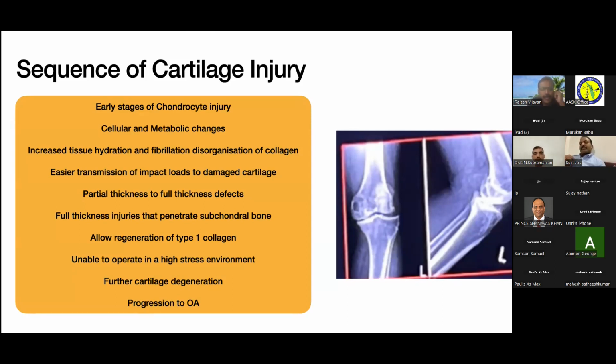Usually hydration starts changing, fibrillation becomes disorganized, and transmission of impact load to the damaged cartilage becomes much bigger. Then they become partial thickness defects, and slowly get into full thickness defects. Once the full thickness defect penetrates the subchondral bone, there is regeneration of type 1 collagen.